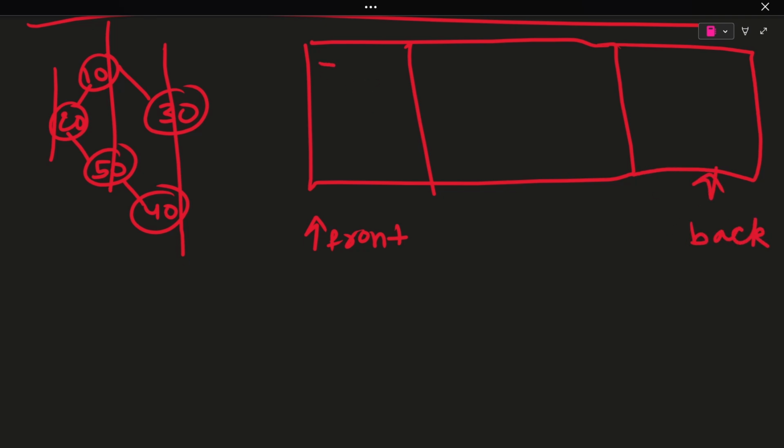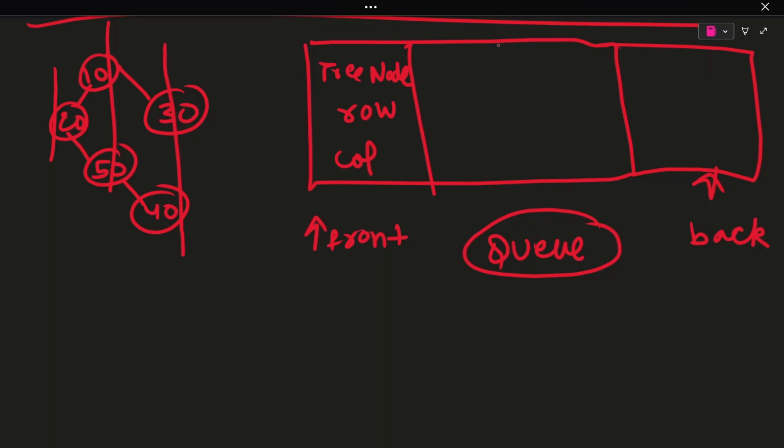Inside this queue, I am going to store the tree node, and I am also going to store the row and column. Like this, I will store the tree node, row and column. In a similar fashion I will store in each box.